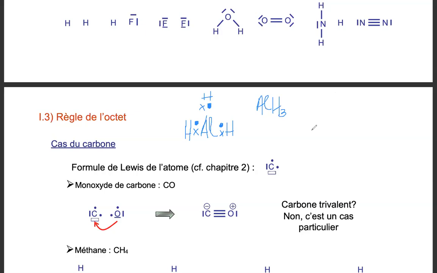Therefore, at the end of the day, the fluorine element really satisfies the octet rule in the sense that the number of electrons occupied at the end of the day is going to be 8, where there is a sharing of electrons.